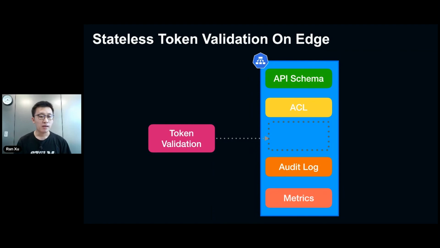In that case, the Verda Common Proxy is a good place to implement the token validation as a middleware of the pipeline of a request handling process. You can see here, we can inject the token validation logic as a middleware of the pipeline of the API request handling process. In that case, we don't need to require any client code changes.